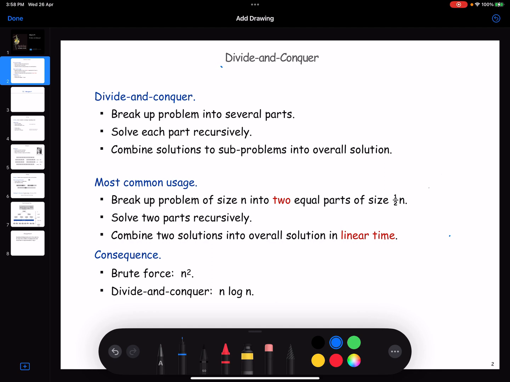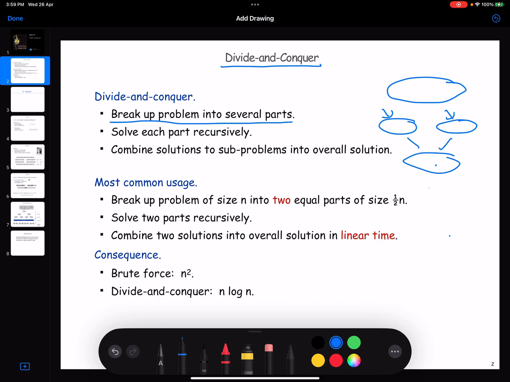In general, in divide and conquer, when we want to solve a problem, we break it up into several parts. So we have the problem, we break it into two smaller problems and we try to solve every problem alone, and then we merge the solutions to get a solution to the initial problem.